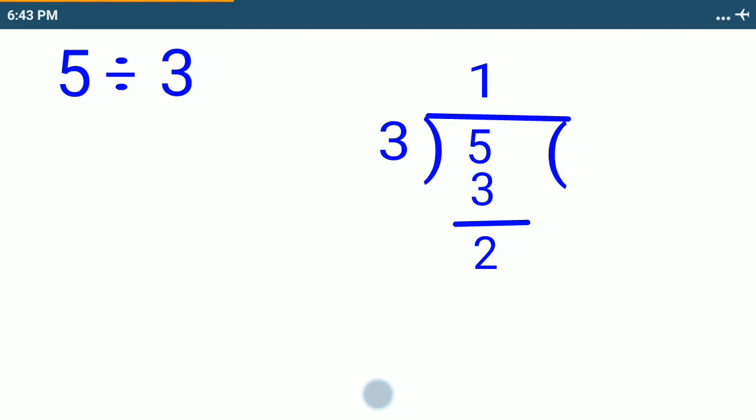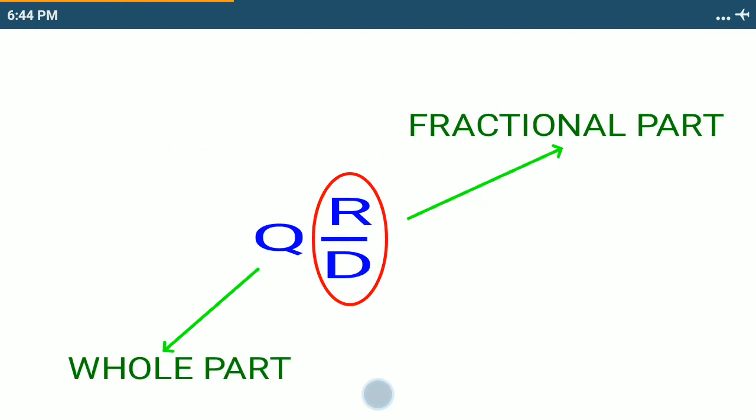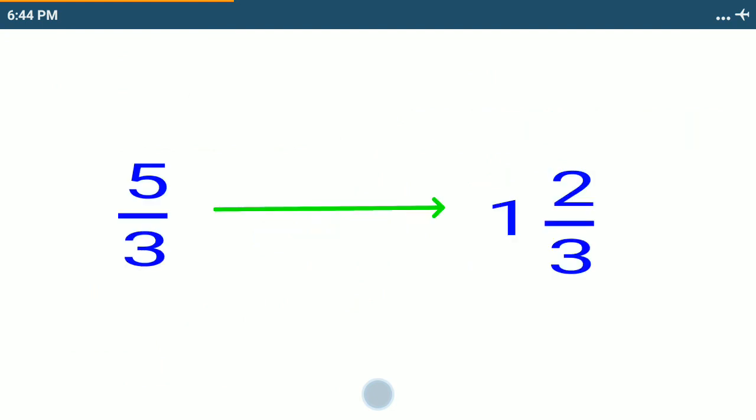So we write the mixed fraction as quotient, remainder by divisor. Students, this is the whole part and this is the fractional part. So we can write 5 by 3 as 1 whole 2 by 3.